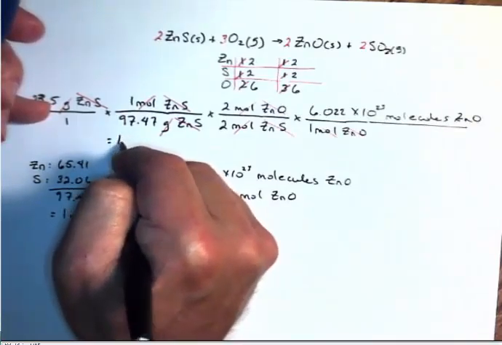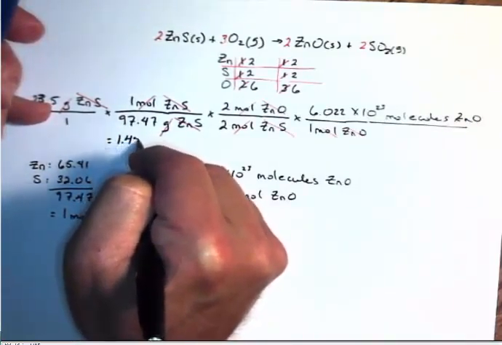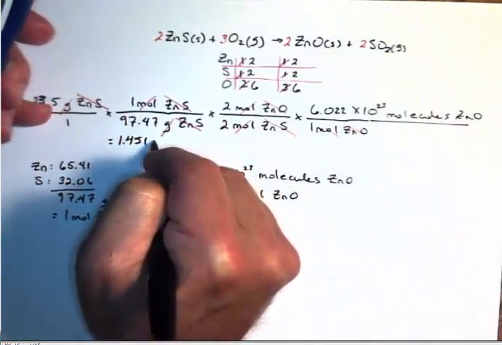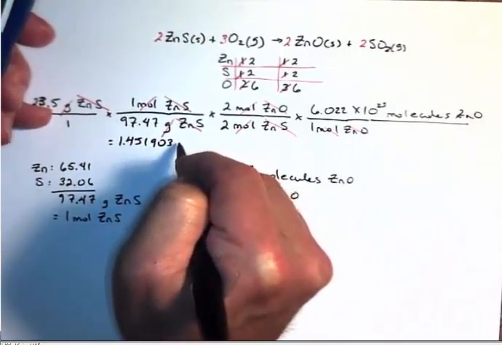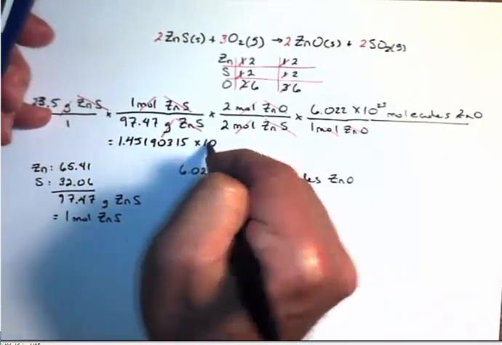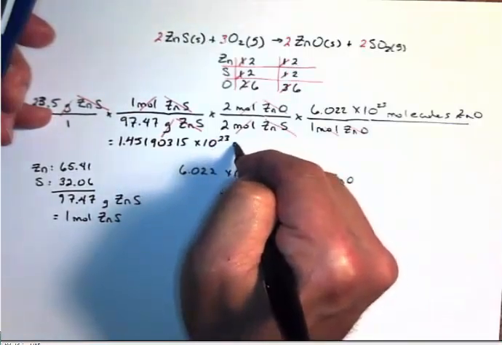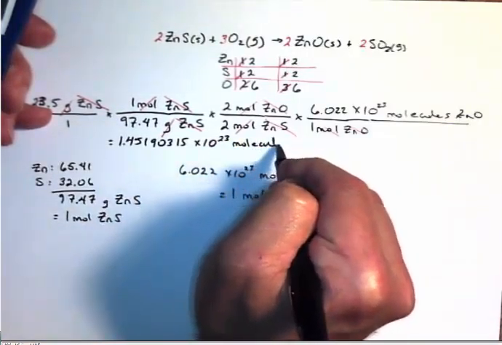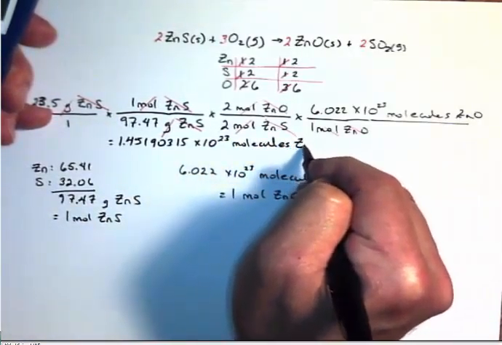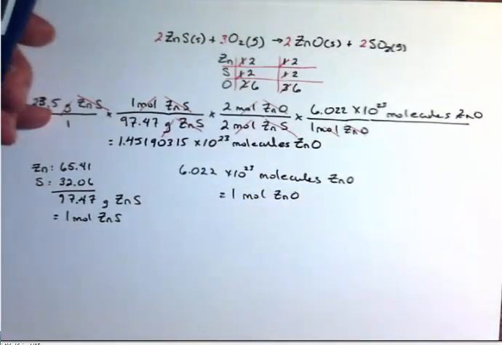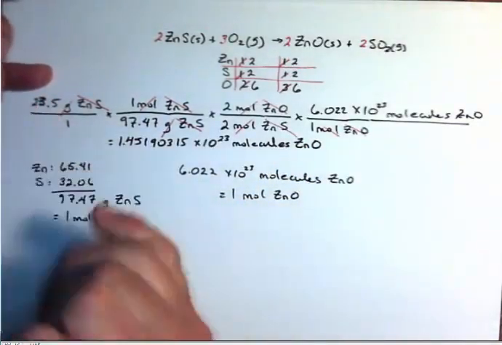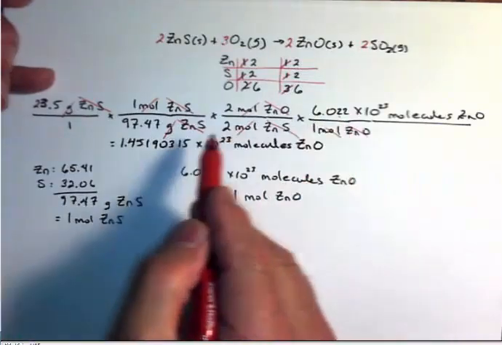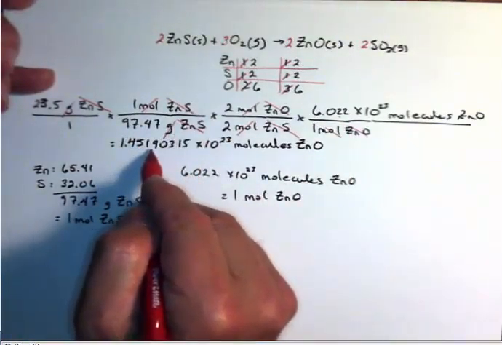Equals 1.45190315 times 10 to the 23rd molecules zinc oxide. I've got 3 digits here, 4 here, 4 here. I want 3 in my final answer.